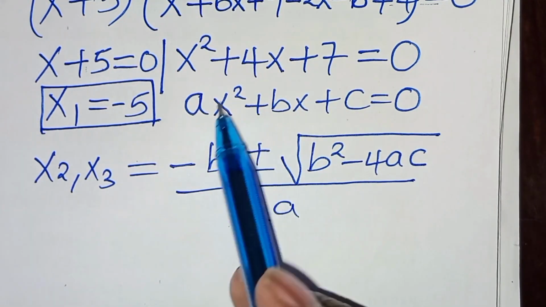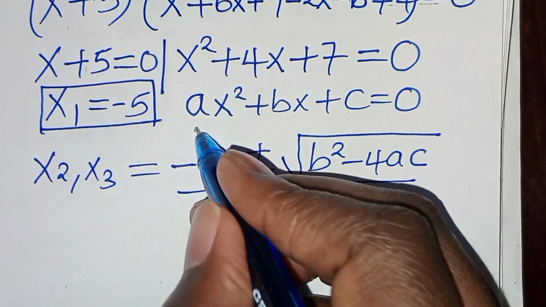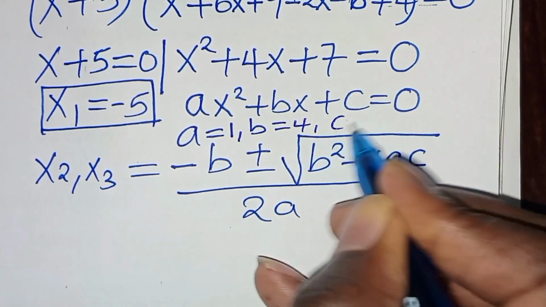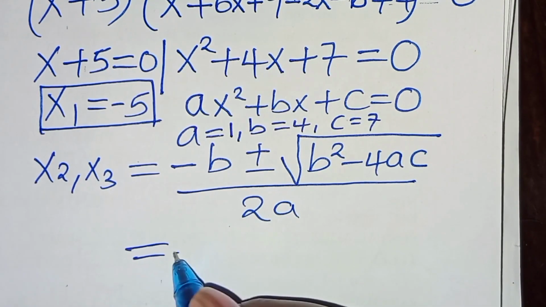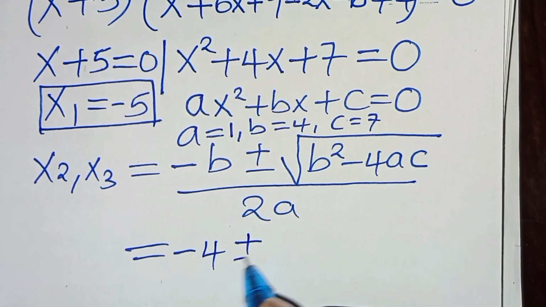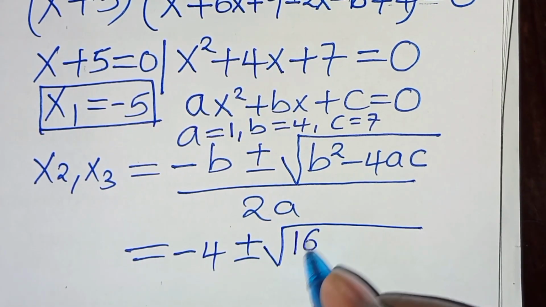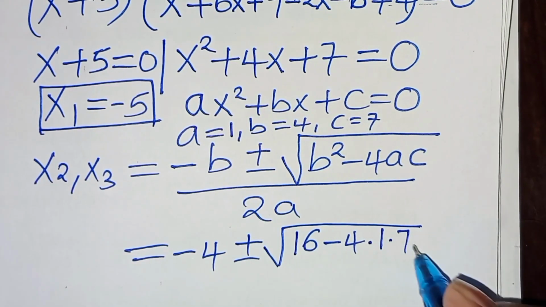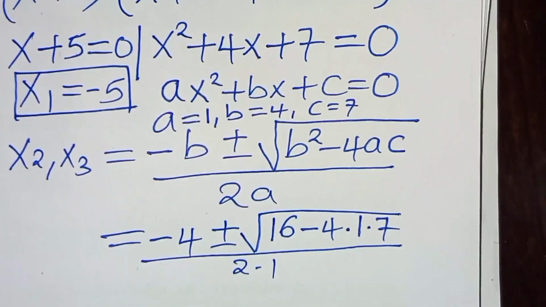So let's substitute the values of a, b, and c. From this quadratic equation, a is equal to 1, b is equal to 4, and c is equal to 7. So here we have minus 4 plus or minus the square root of 4 squared, which is 16, minus 4 times 1 times 7, over 2 times 1.